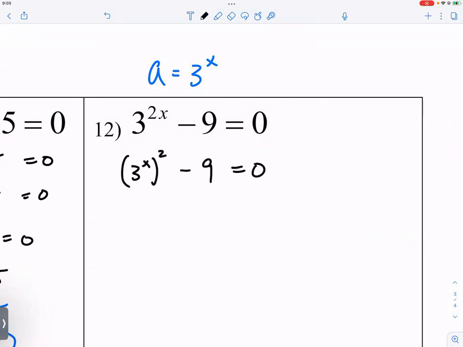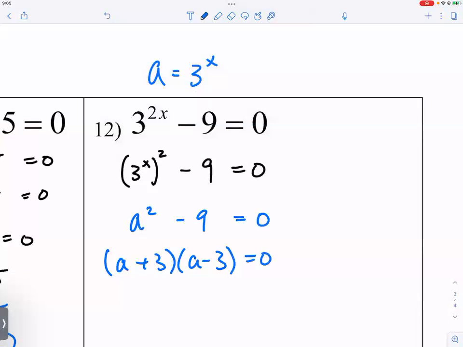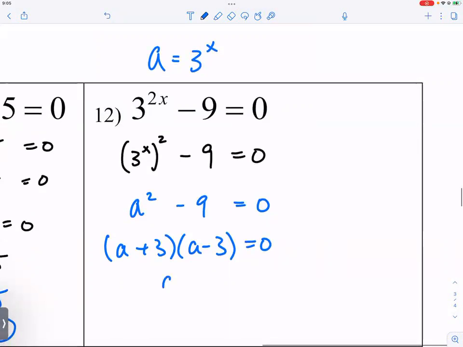This one is about asking if you know how to do the difference of 2 perfect squares. So a squared minus 9 is a plus 3 times a minus 3, equal to 0. Therefore, a is equal to negative 3 and a is equal to positive 3.